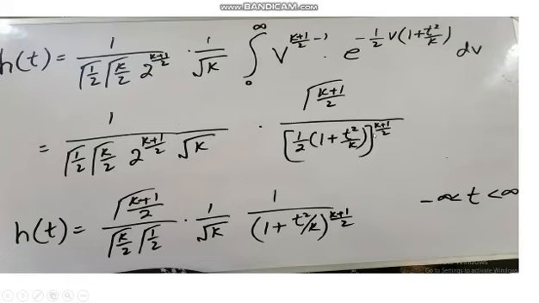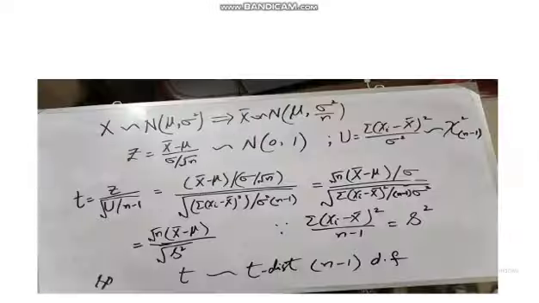We have the gamma function, and then simplifying it, we have the final density given here, h(T) over the interval minus infinity to infinity. As you have seen, this is the same as given in our equation 31, so we can say that T follows the T distribution.